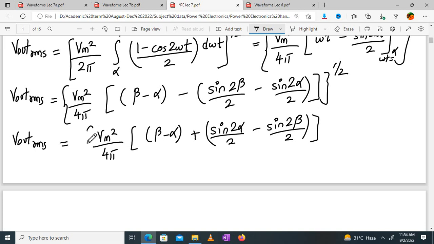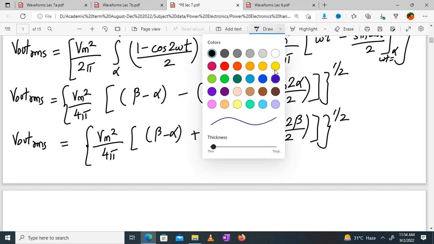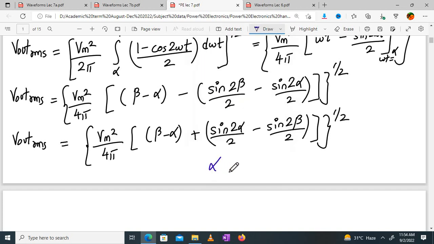Bracket close, and the entire raised to half. Remember where I've written beta minus alpha, those are in radians. And when beta and alpha are with sine, those are in degrees. Okay? So here we can note it down: alpha, beta are in radians. So this is my expression.